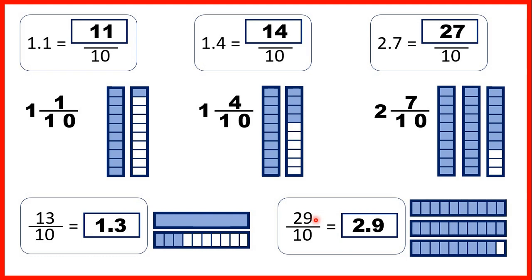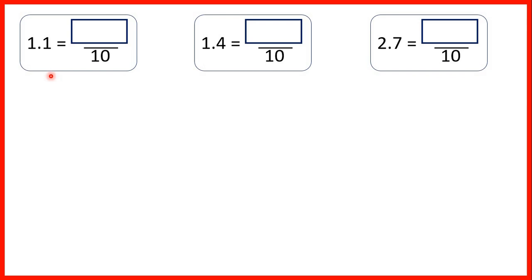And if we have 29 tenths, we can exchange 20 of these tenths for 2 wholes, and then we have 9 tenths left over.